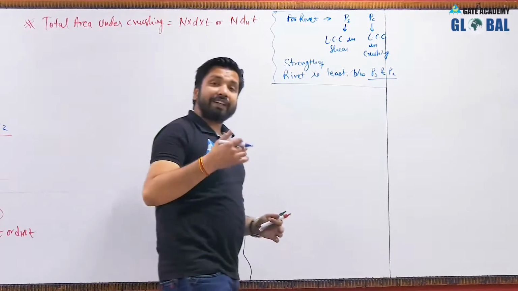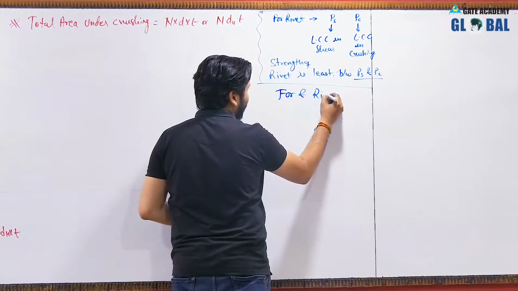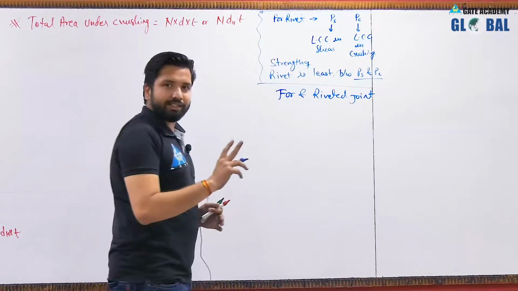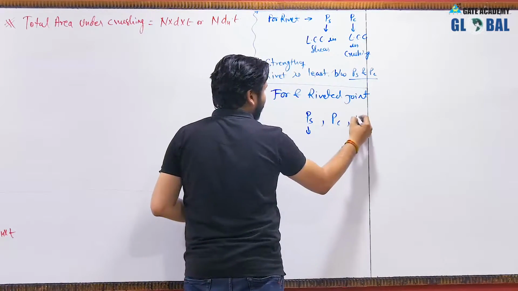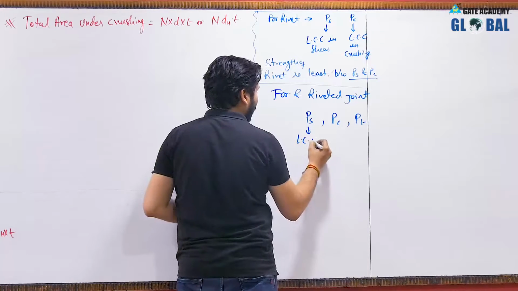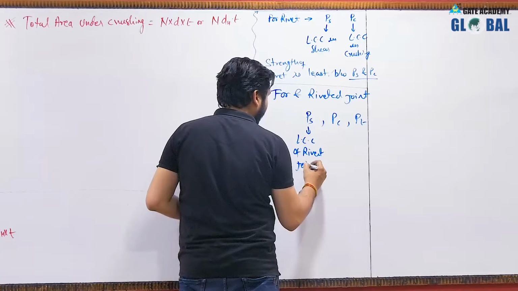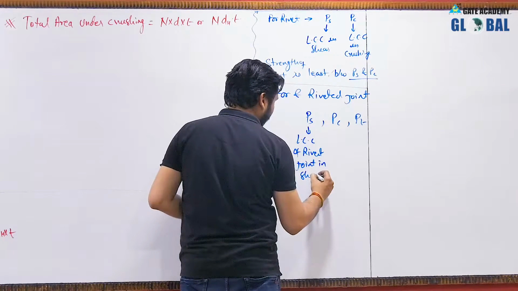And if you talk about a riveted joint, for a riveted joint you will be having three strengths, that is PS, PC and PT. This is the load carrying capacity of riveted joint in shear, okay.